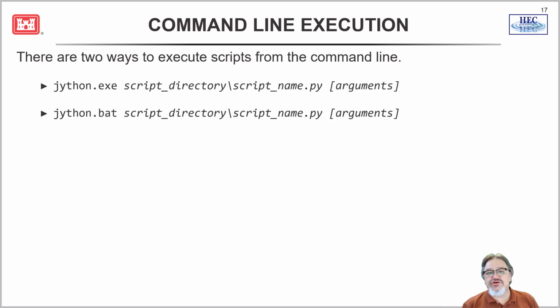But the two ways you do it, you use either jython.exe or jython.bat, and those files both live in the installation directory of HEC-DSSVue. So if you're going to run it, you need to be in that directory, and then you can type jython.exe or jython.bat, followed by the script name and its full script name, whatever the path is, and then followed optionally by any arguments that you want to pass into the script.